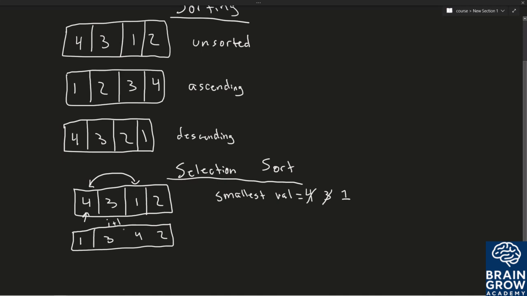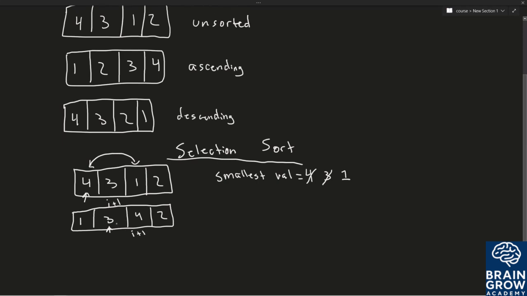So now that we have done one iteration through the array and we know that 1 is in the correct spot, we will now start with this index. And then this will be I plus 1. So now we have 3. So our smallest value now is 3.